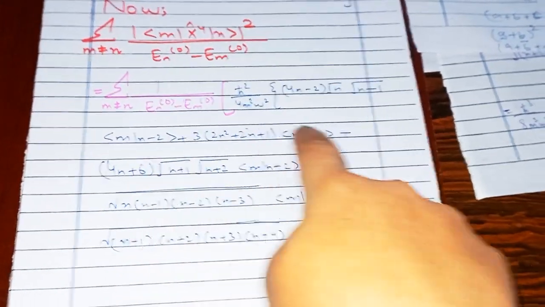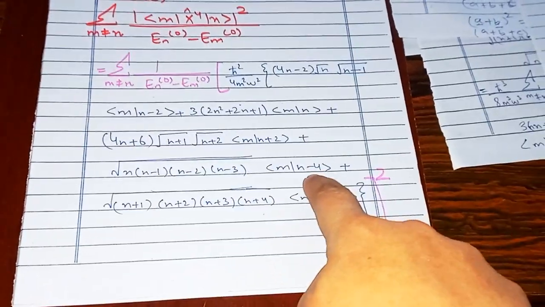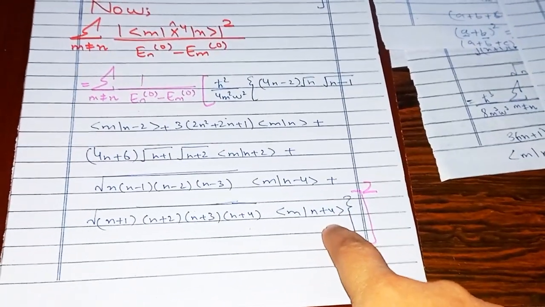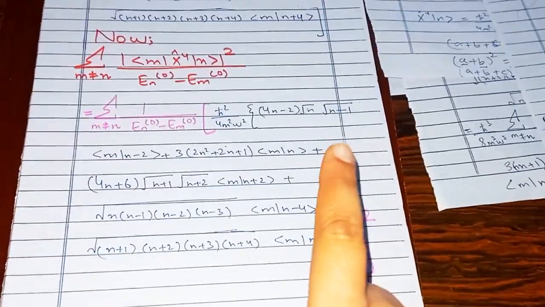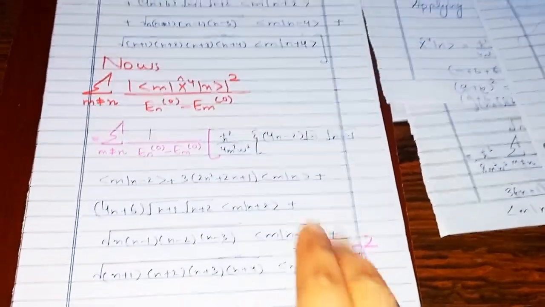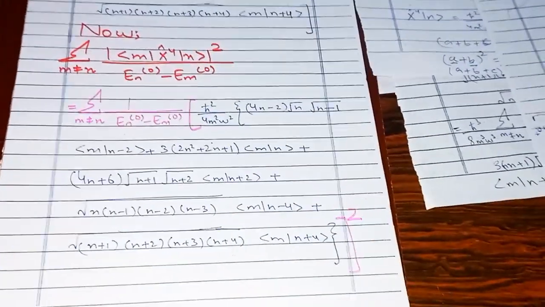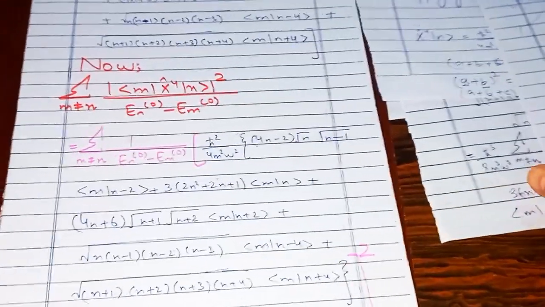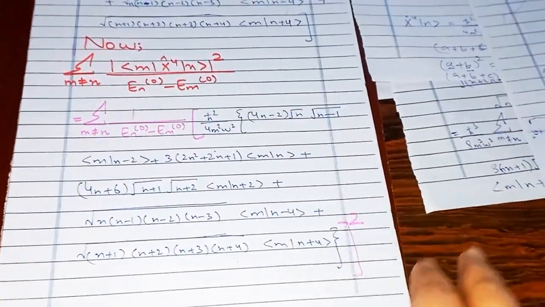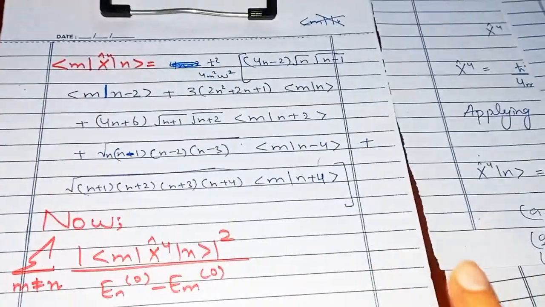We can see all the kets are different. It's n minus 2 here, n here, n plus 2 here, n minus 4 here, n plus 4 here. In that situation, this always equals the square of individual terms. For that purpose, I simplified all of the kets beforehand, and that is a crucial point.